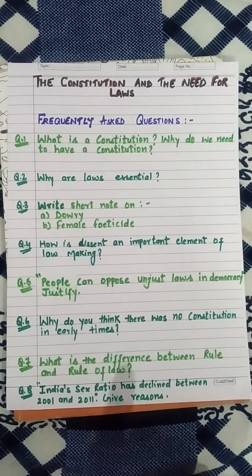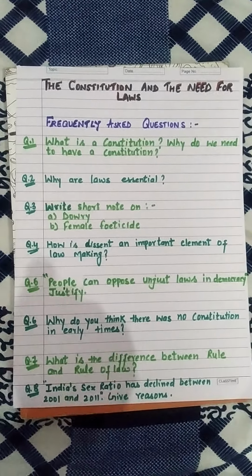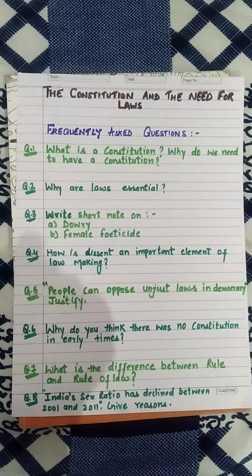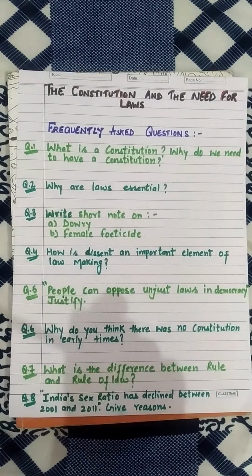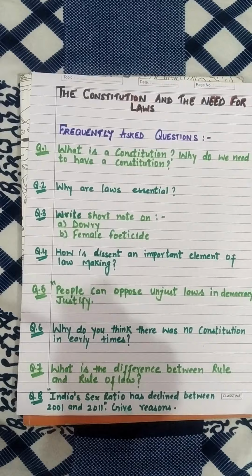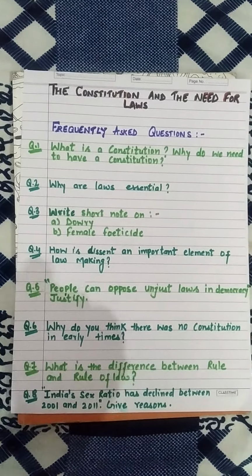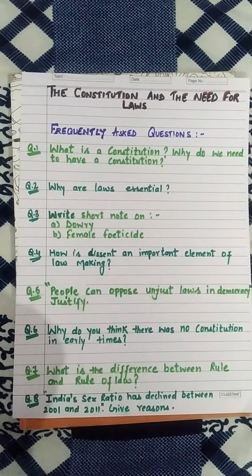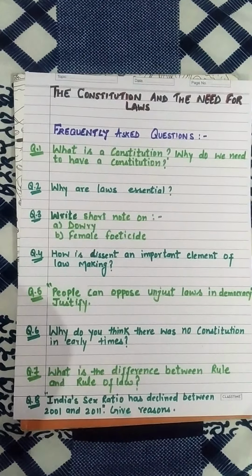And if you want to understand rule of law, one thing you keep in your brain always, that rule of law means everyone is equal before the law. Everyone is equal before the law.